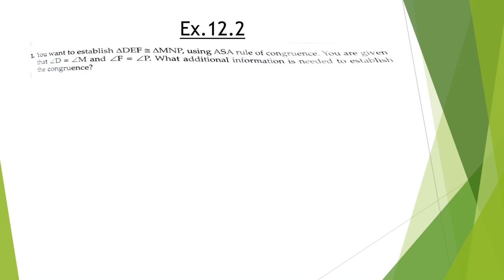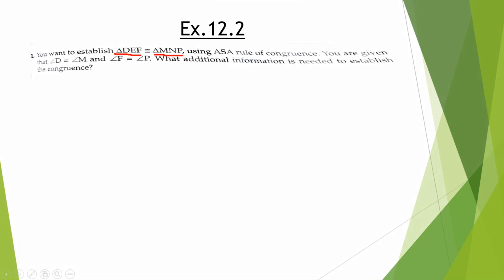You want to establish triangle DEF congruent to triangle MNP. Now, when you see such language, and here this order is given, DEF, the order of letters is also important, and that is why MNP is given.